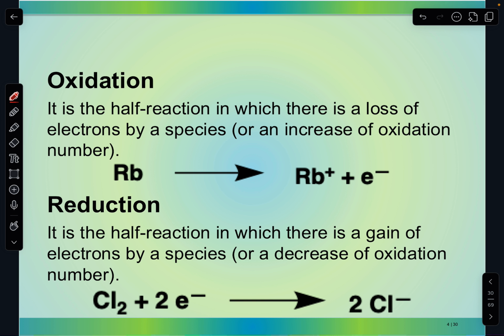Oxidation is loss of electrons. Reduction is when you have a half reaction and then you gain electrons. So reduction is gain. Oxidation is loss. Reduction is gain. And we'll get into what OIL RIG is in a moment as well.